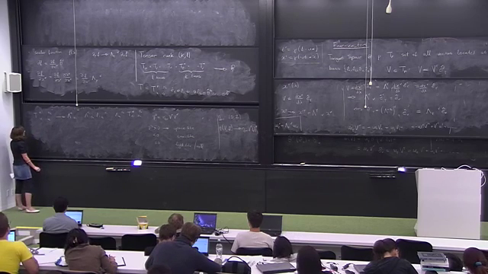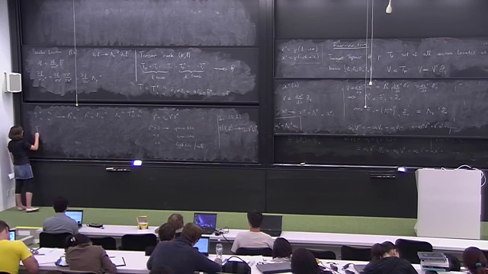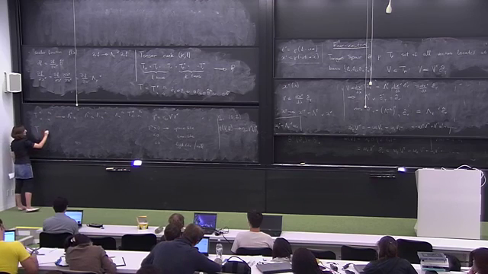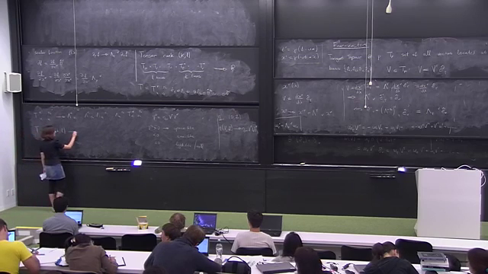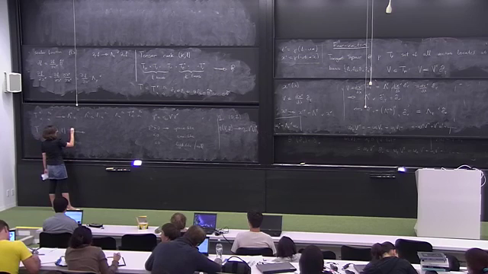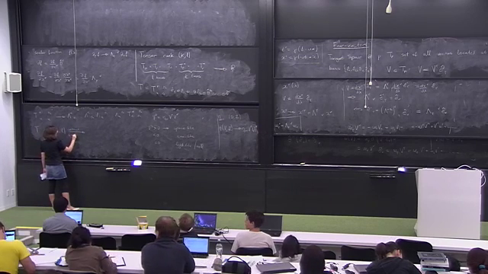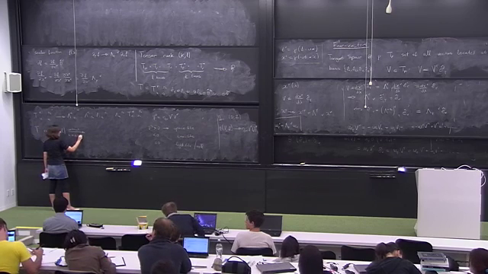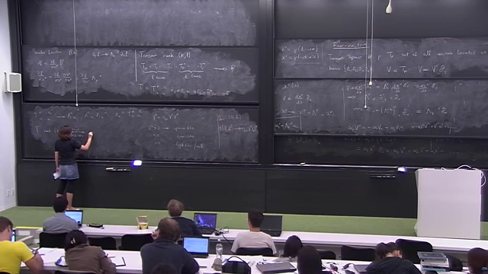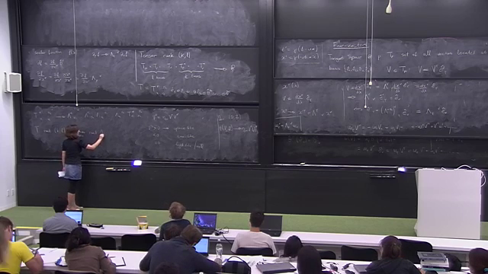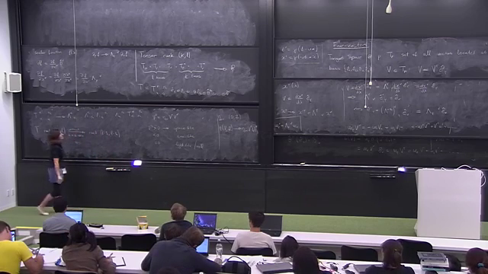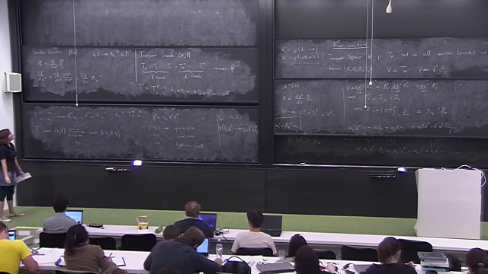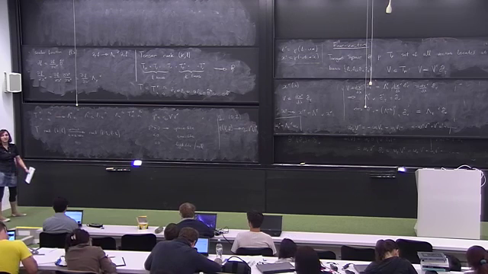So if you start from a tensor of rank K L and you contract one lowered and one raised index, then you go into a tensor of rank K minus 1, L minus 1. And this is where we have to stop.